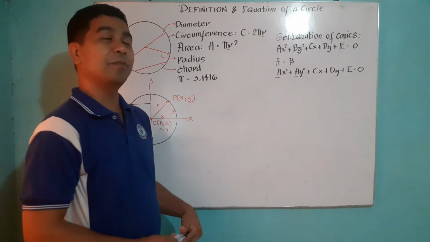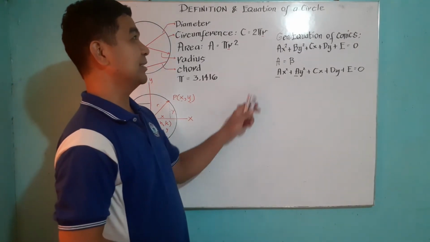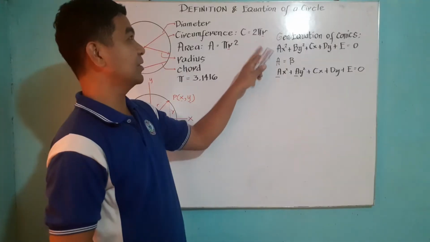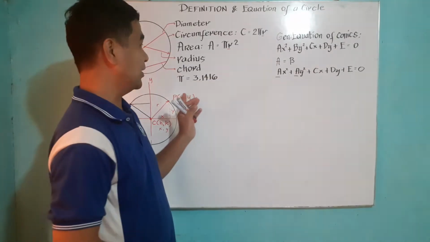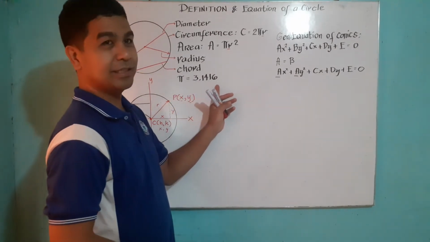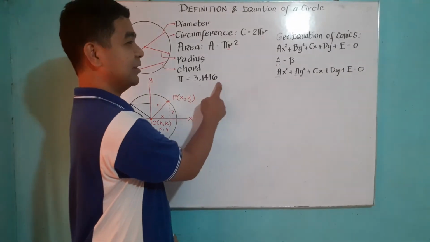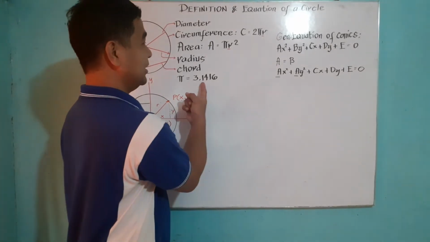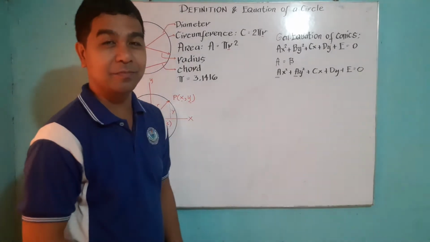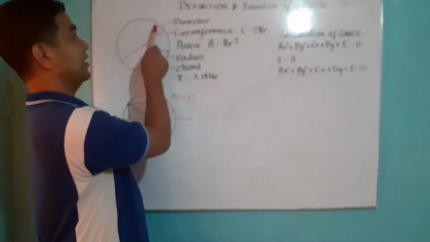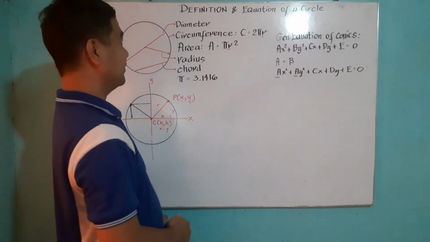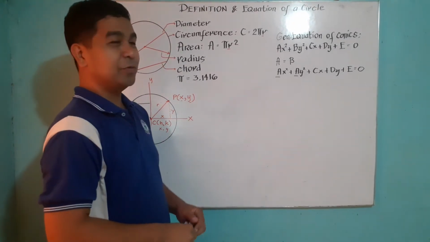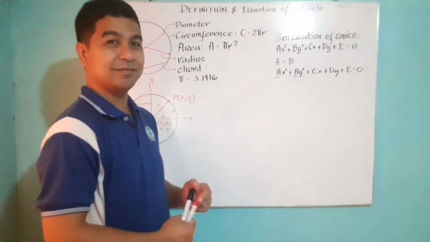We know that the formula of the circumference of the circle is C for circumference equals 2 pi r. And pi has an equivalent of 3.1416, but we just limit it to 4 decimal places because this has indefinite decimal places. The circumference of the circle is the perimeter encircling the circle. Next, we have the radius.